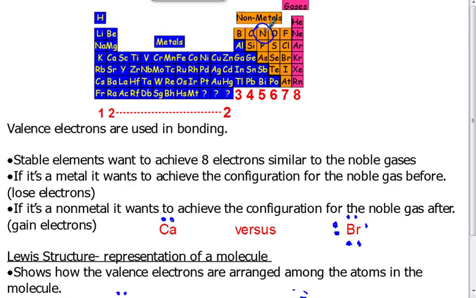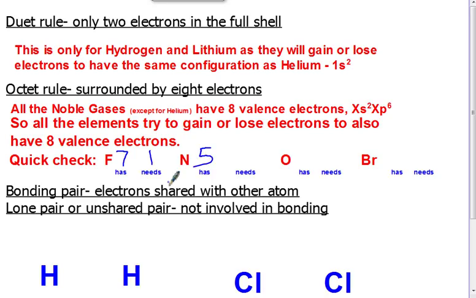Do you need a periodic table? Oh. So I was just saying, how many valence electrons does it have? So you count across, go 1, 2, 3, 4, 5. Okay? So if it has 5, how many more does it need? How many more does it need to get to 8? 3. So it usually makes 3 bonds.